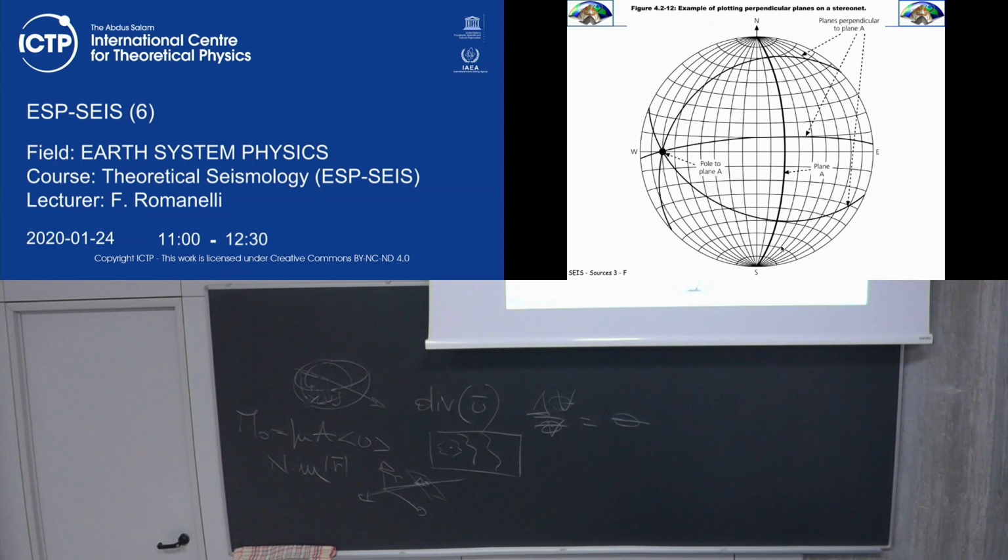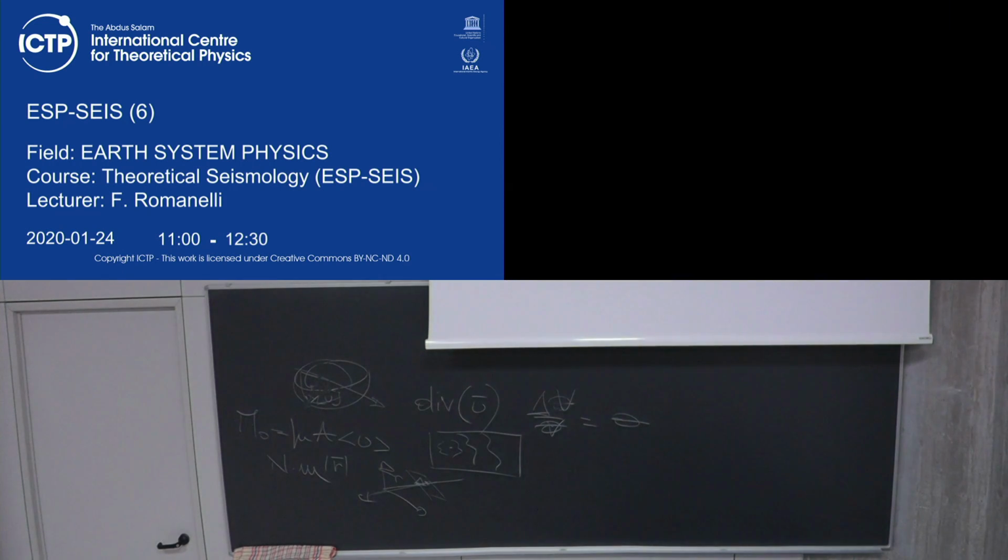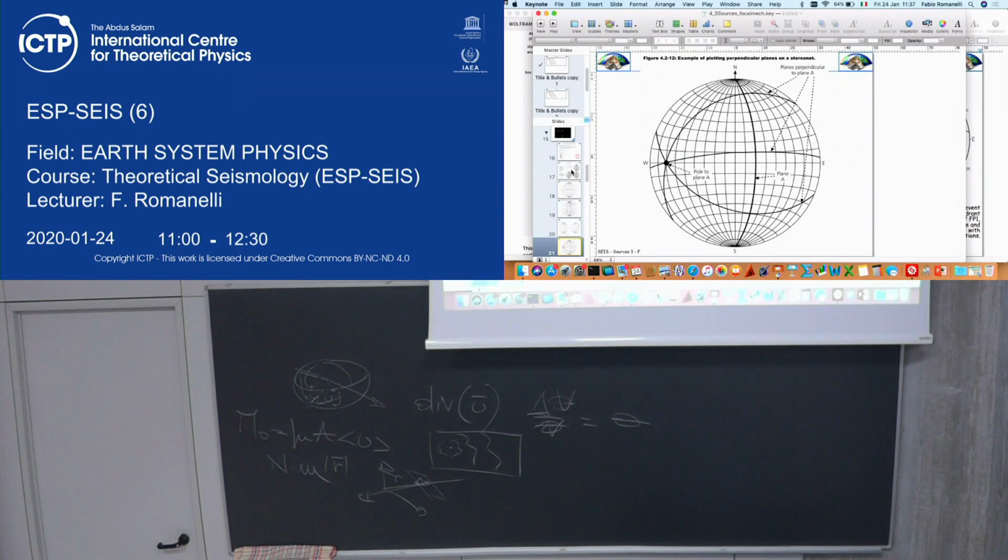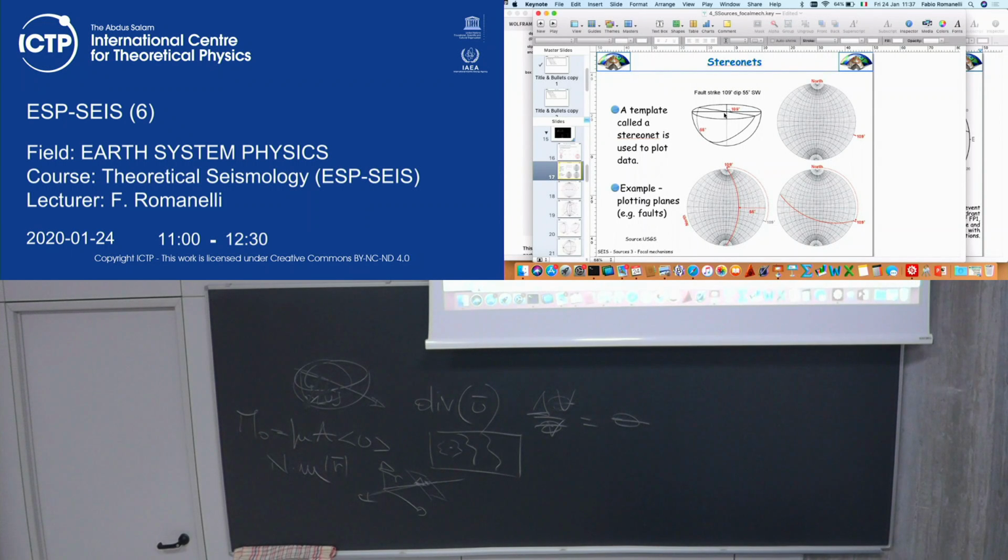By the way, let's imagine that we have this plane here. What about its pole? What is a pole? The direction of the normal. Now, if you go back to one of these slides here, you have to imagine that we have a normal to that plane. It's called the pole. Now, in the sphere, it will describe exactly a point at 90 degrees from this.